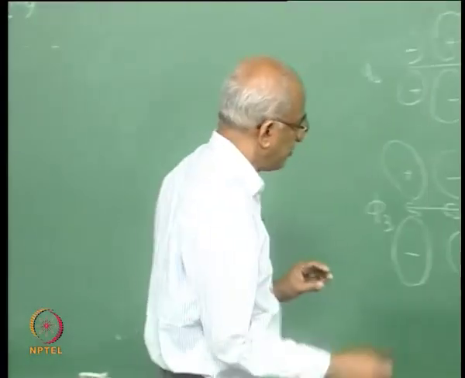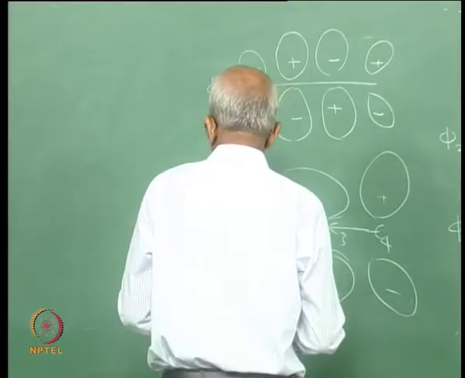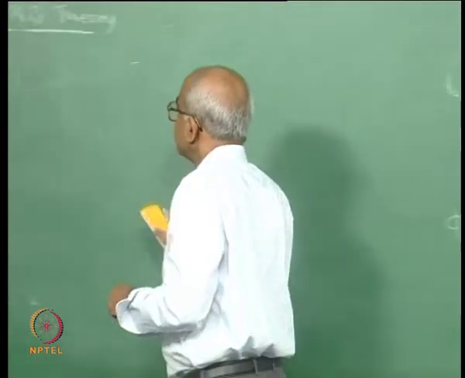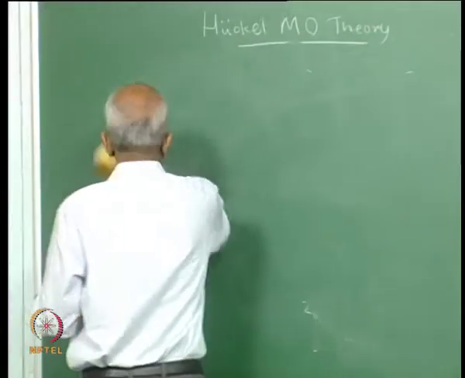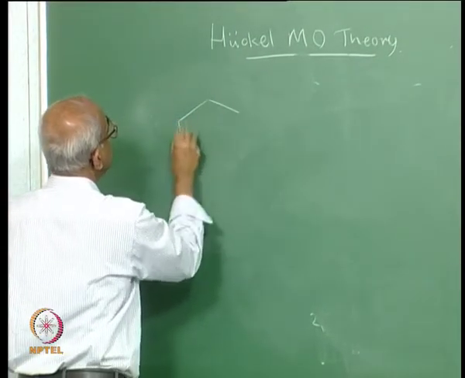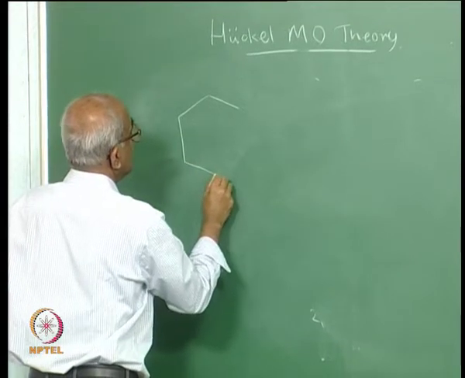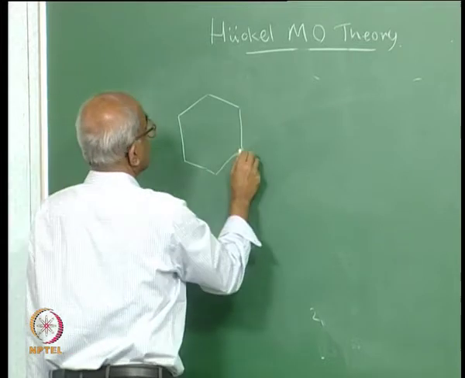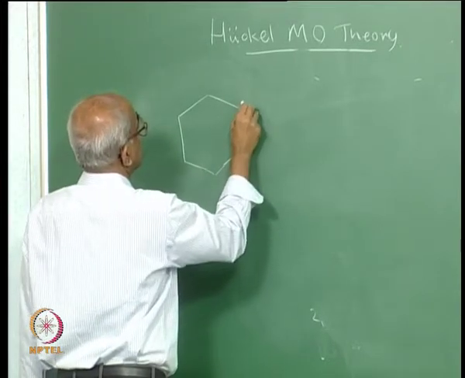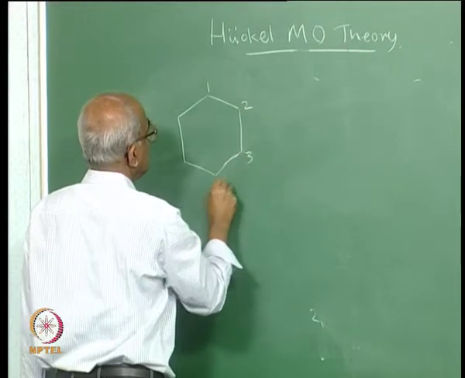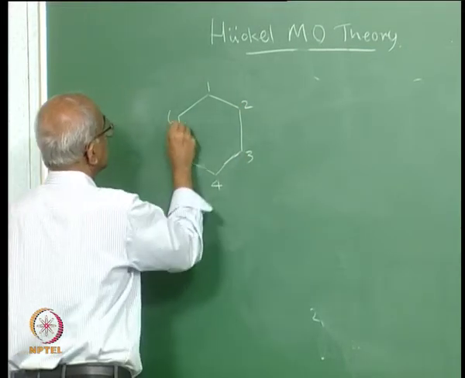So, having seen that, we will discuss benzene. In the case of benzene, you will say, okay, let me number the carbon atoms. Let me say this is carbon atom 1, 2, 3, 4, 5, 6.